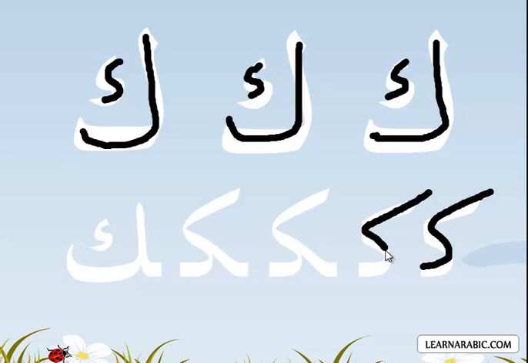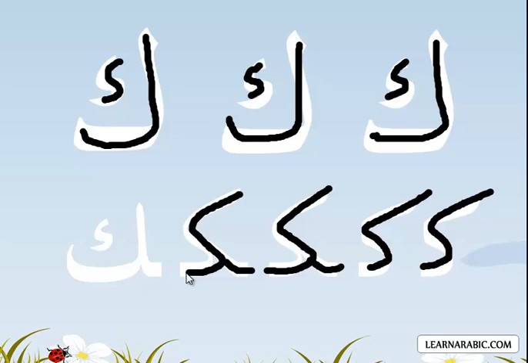So it goes like this, and then in the middle of a word like that, and finally at the end of a word we see that it comes back to its original shape, and we get this squiggle coming back as well. So this is the letter kaf.